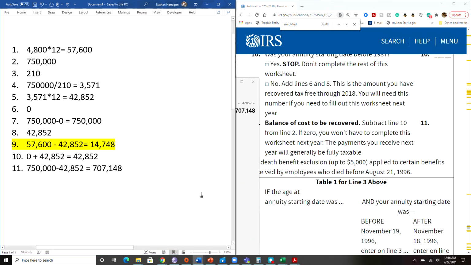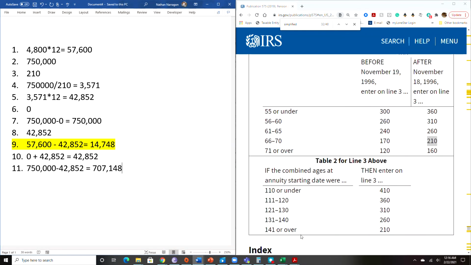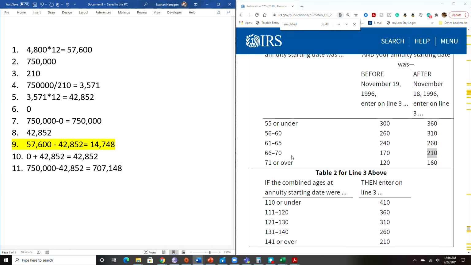So that is our taxable amount, considering what we just did with the simplified method. Again, I just assumed that he's 66 through 70. It could be a different age. That's why we're not coming out to the same amount. But that's how we would have done the simplified method.